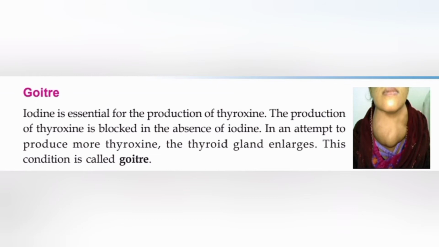This condition is called goiter. How does goiter occur? If there is a lack of iodine, thyroxin production is blocked. As a result, the thyroid gland attempts to produce more thyroxin, and the gland enlarges. This condition is called goiter.